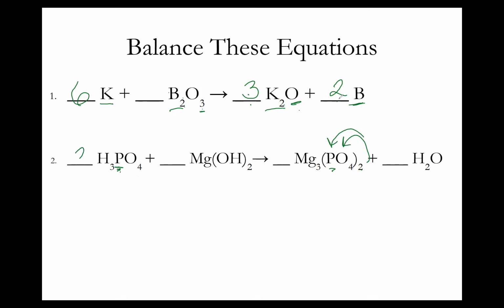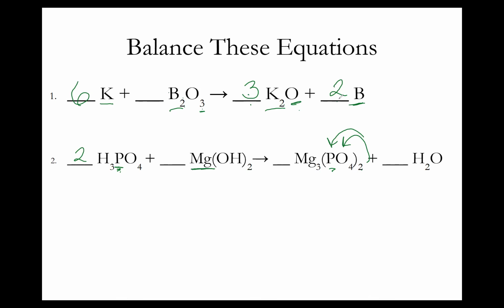I need to put a 2 in front because 2 times 1, because remember that will get distributed there. Now I have the same number of phosphorus. Oxygen I'm leaving to last, remember, because it's in 2 different places. And I know if I change something else, it's going to have to be changed. So let's try to balance everything else and then come back to it.